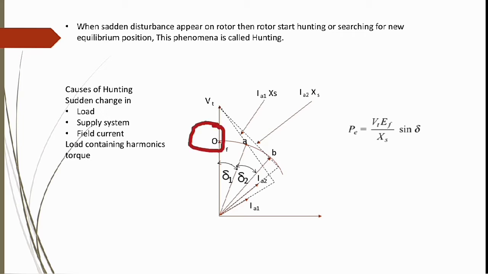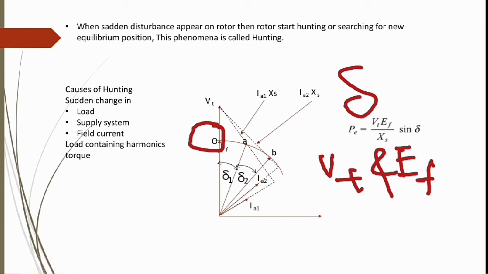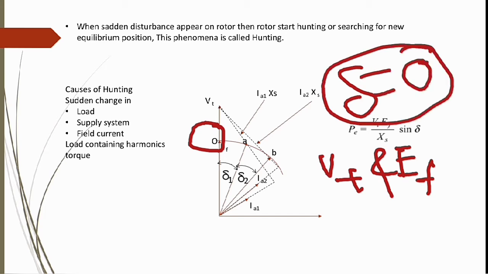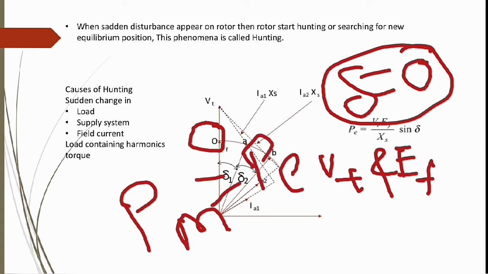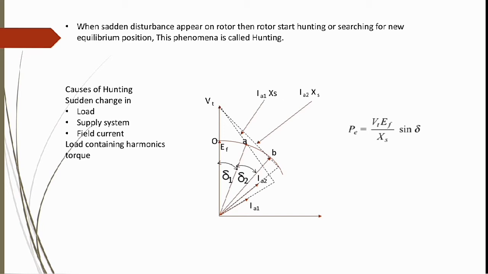At O, the terminal voltage and EF are both in the same phase, so there is no losses, delta equal to 0 or delta is constant. In that case PM, the shaft power, equals PE. So this is the equilibrium position.